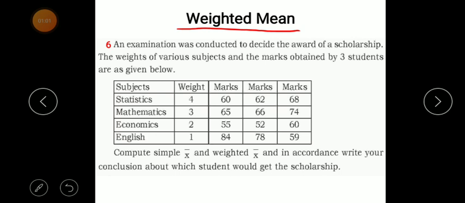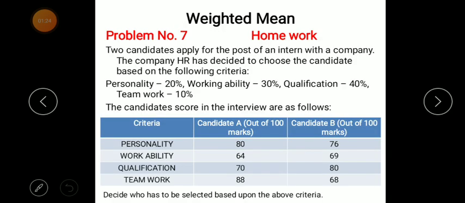For such situations, where certain items are of more importance in decision making compared to the other items, you need to attach weights for proper decision making. You can take this as an example.